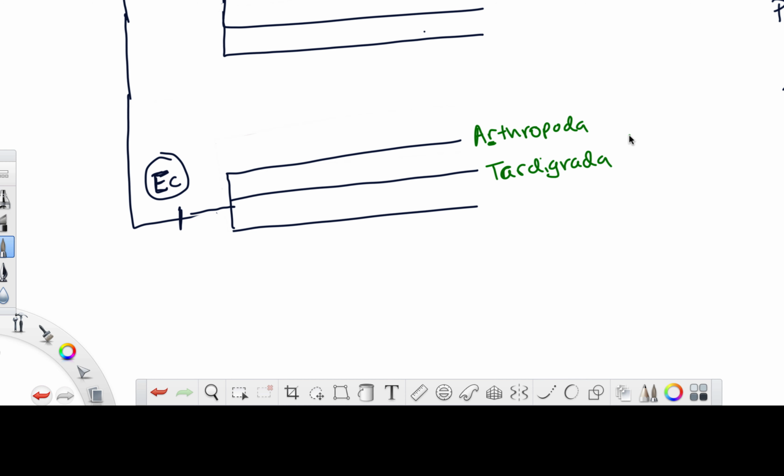Those are the ones that can survive in crazy conditions, like vacuums and without water for centuries or something crazy like that. And then nematoda, roundworms. Okay, those are the ecdysozoan groups that I'm going to worry about.